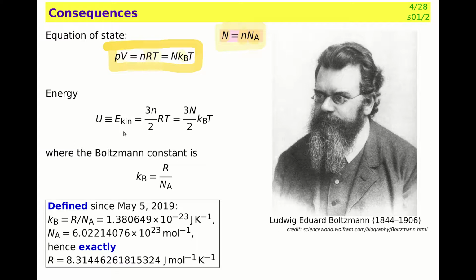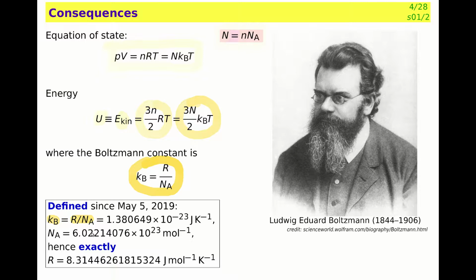And also I got another equation, the equation for the internal energy, which equals the kinetic energy. And here is the factor I have. Essentially what I derived was something like this, only I use the relation between the Boltzmann constant and the gas constant here, or it's written also here.